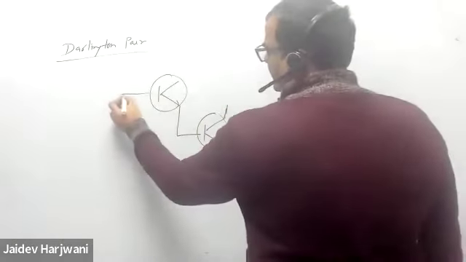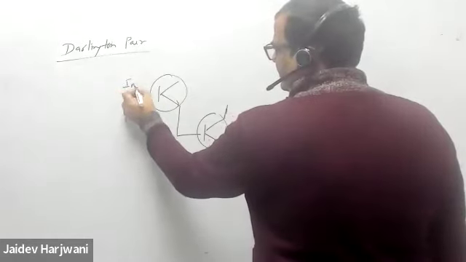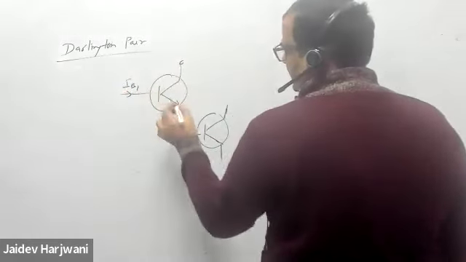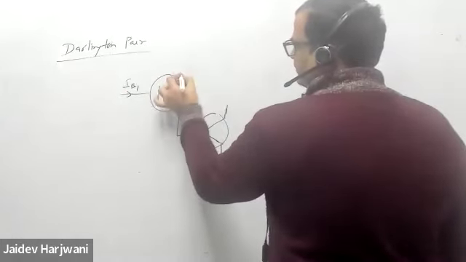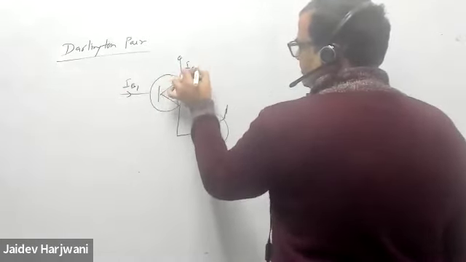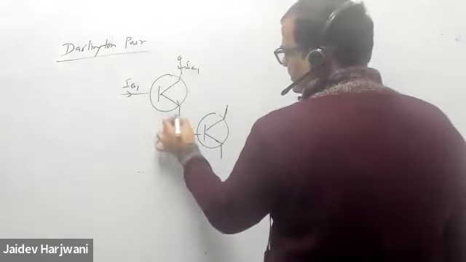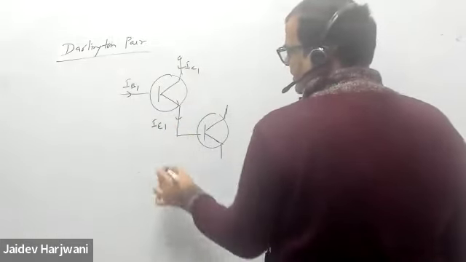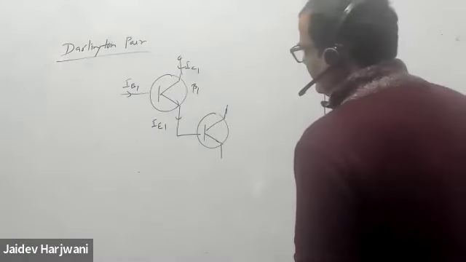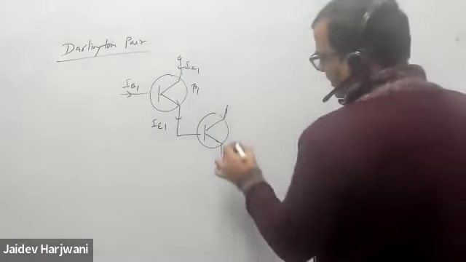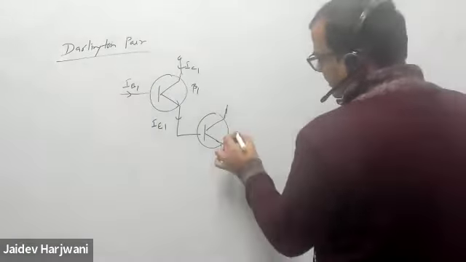So suppose here current is coming IB1. Okay. So this is your IC1, and this is coming IE1, and this is the beta 1 for the given transistor, and the current gain is beta 2 for this transistor.